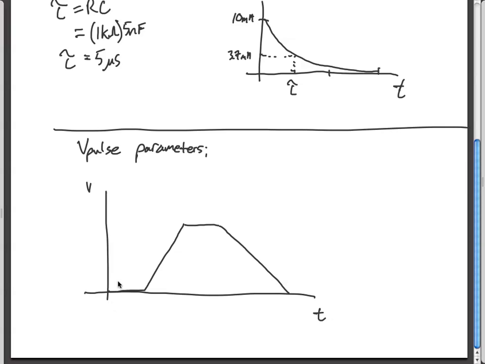Okay, so what I've done here is that this is V1, the starting voltage. This is V2, the ending voltage. This time here is TD, the time to delay from the beginning of simulation to turn it on. This is TR, the rise time. This is, of course, the pulse width. And then this is the fall time.